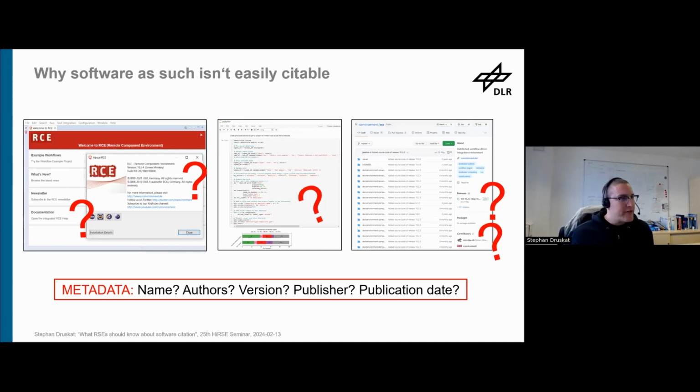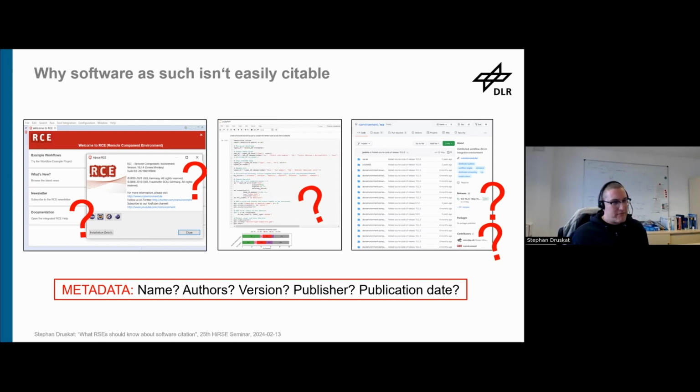That's because software as such isn't easily citable. It's really hard to find out the different parts that you need to cite a software formally, like you would cite a paper, from just having the software and running the software. And that's because papers usually have something like a front page that includes all the relevant information, authors, the title of the paper.